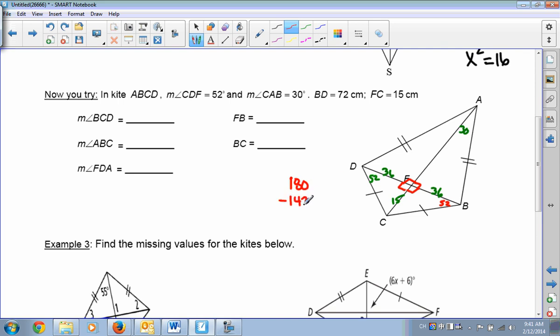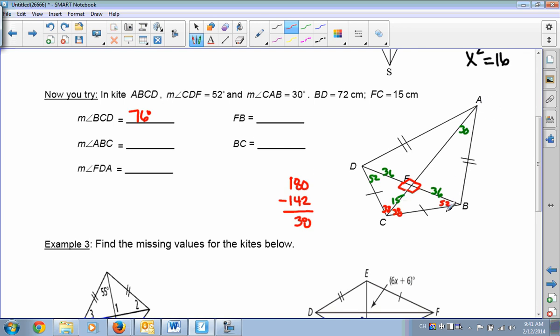And then subtract from 180. Okay, so both of these angles here are 38 and 38. Does that answer any of these? BCD. Oh, BCD is 38 and 38 together, which is 76. Good.